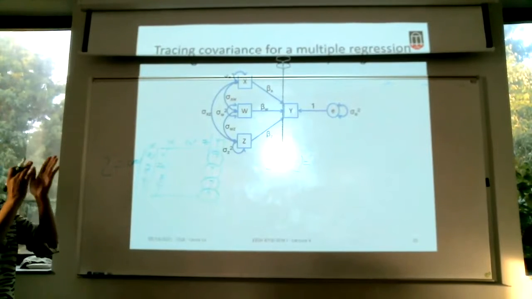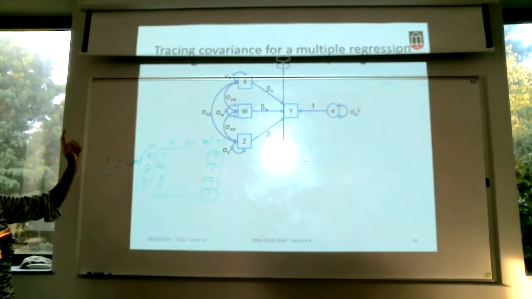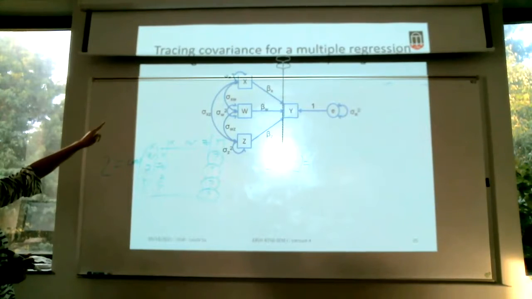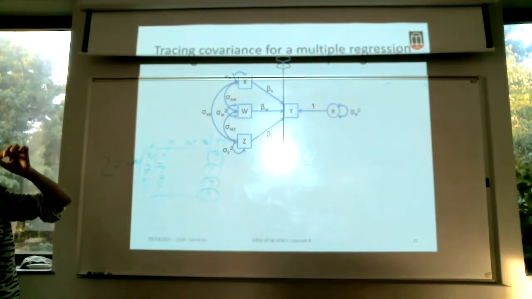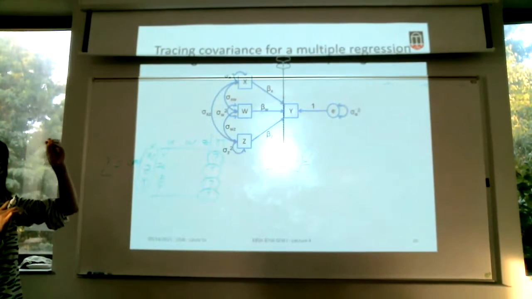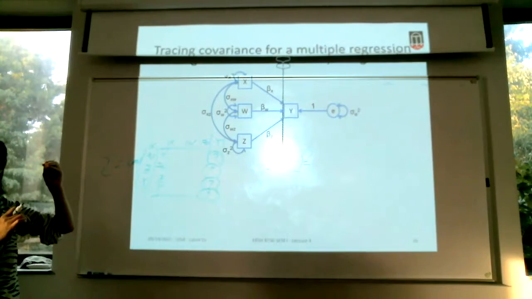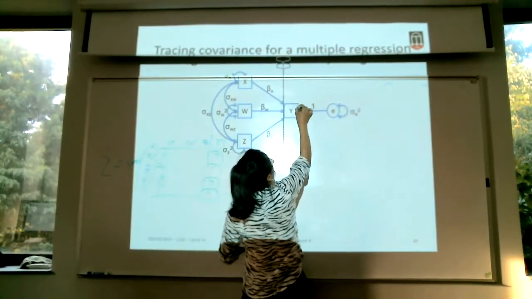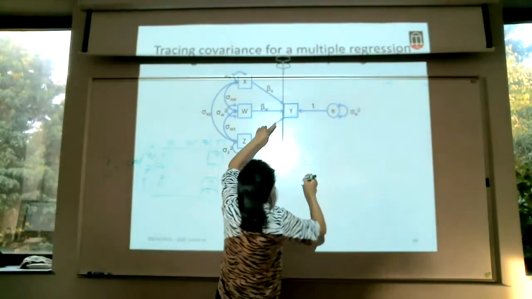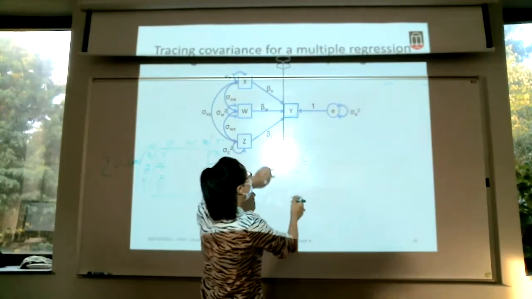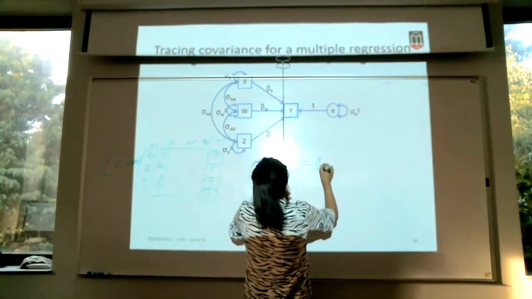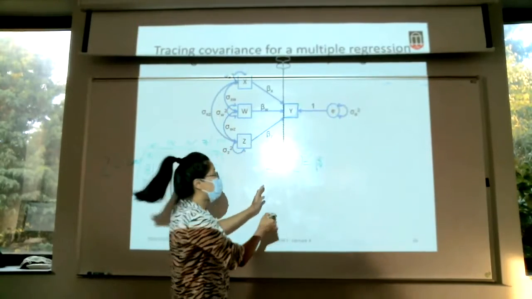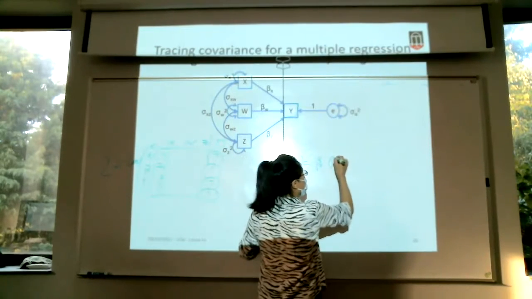Let's look at one component. The first component: if we start from Y and go back to X, that's one path, but you have to consider the variance of X. So starting from Y, going back to X, we have beta X times the variance of X, which is sigma X squared.